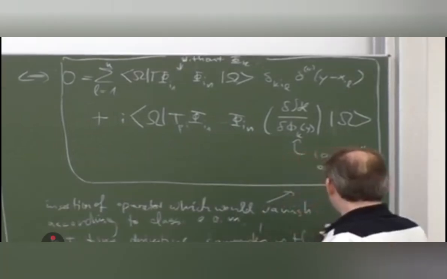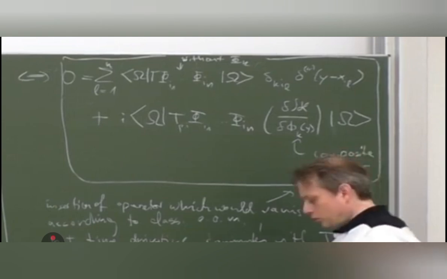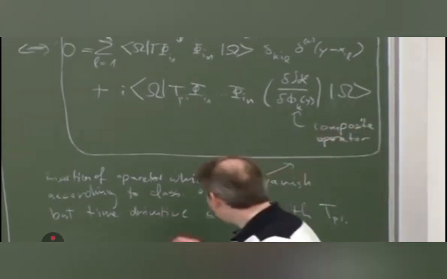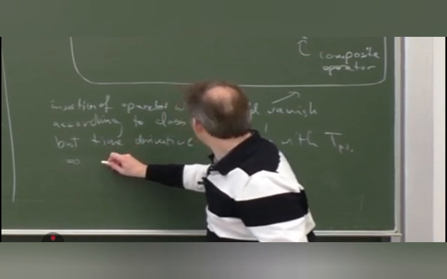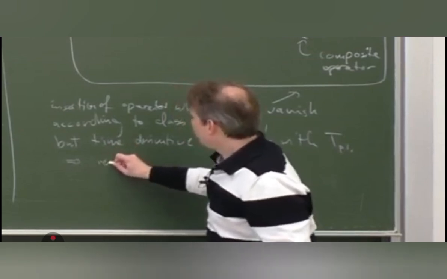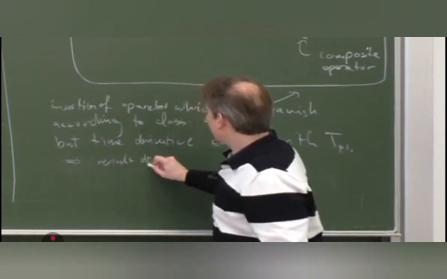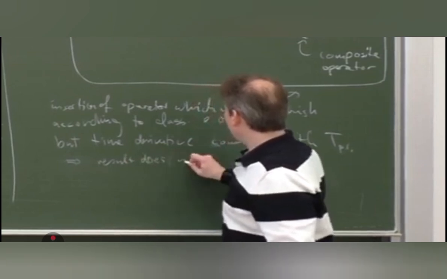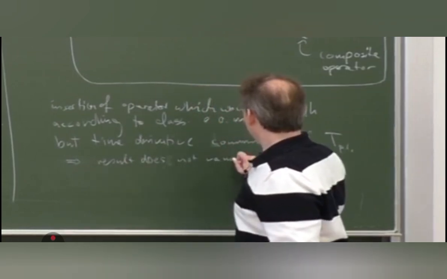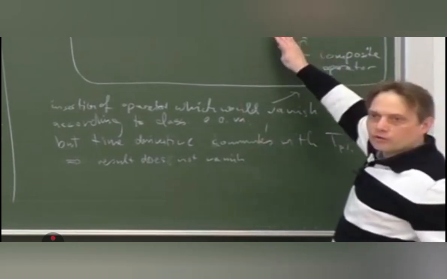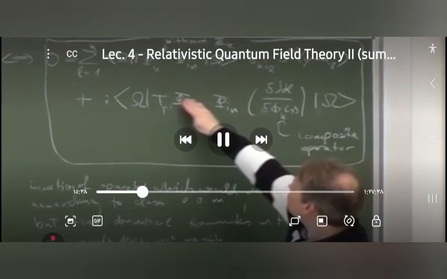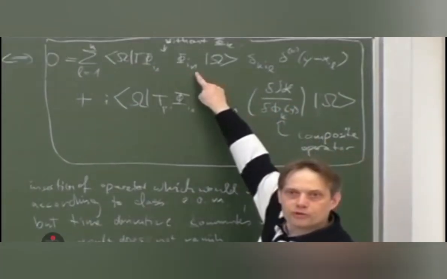This path integral effective time ordering, therefore, the result does not vanish. But you see, the result actually does vanish if all the space-time arguments of the field operators are different.